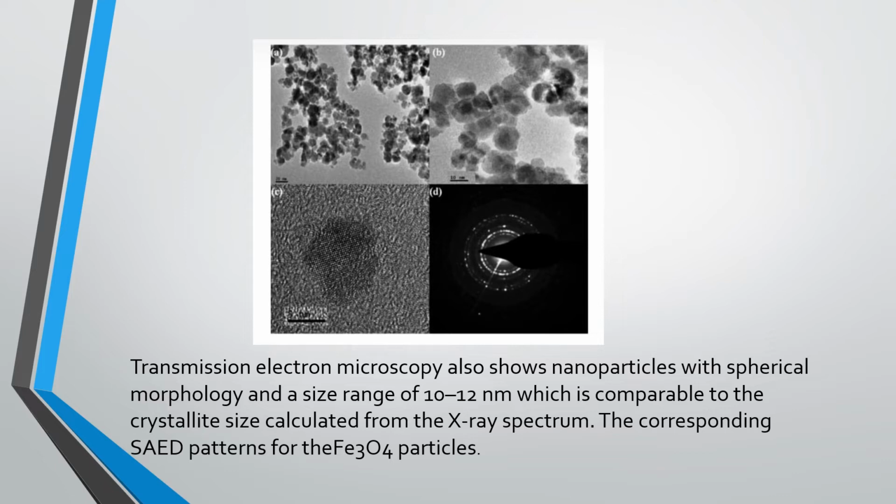Transmission electron microscopy also shows nanoparticles with spherical morphology and a size range of 10 to 12 nanometers, which is comparable to the crystallite size calculated from the X-ray spectrum. The corresponding SAED pattern of Fe3O4 particles.